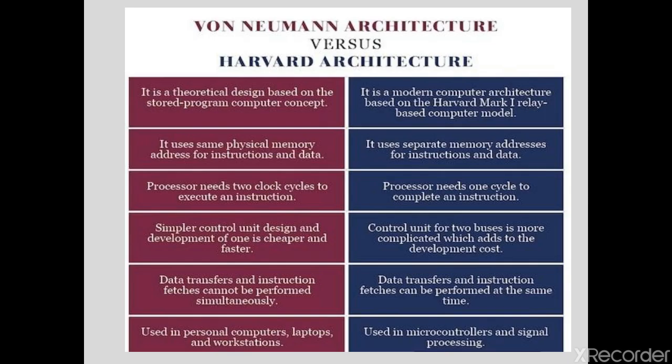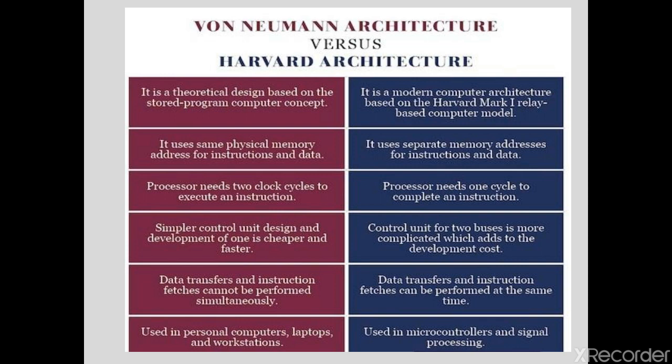On the basis of these differences, one model has an advantage over the other. Von Neumann is cheap and has a simple control unit design, whereas Harvard architecture is costly and involves a complex control unit design. On the basis of the advantage of one model over the other, we can classify their applications.